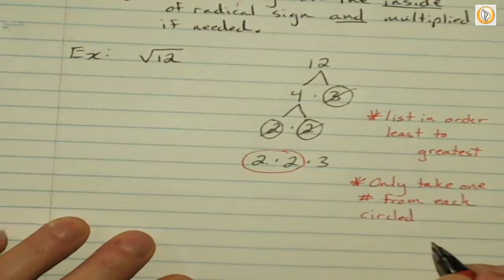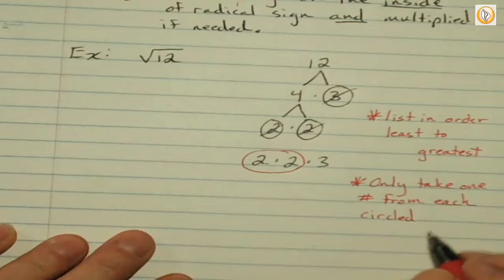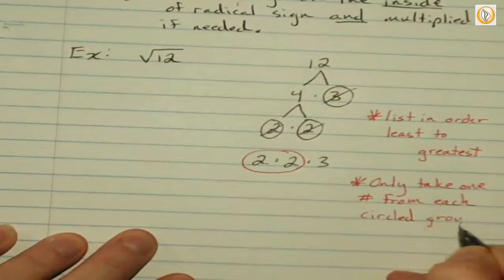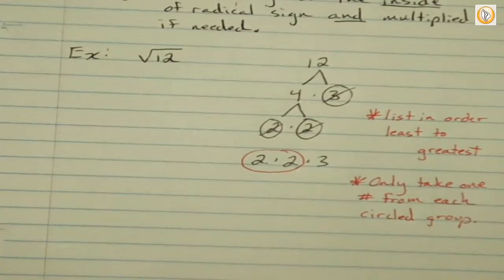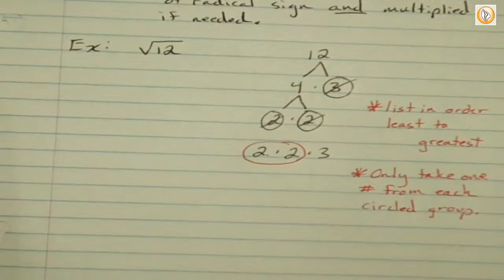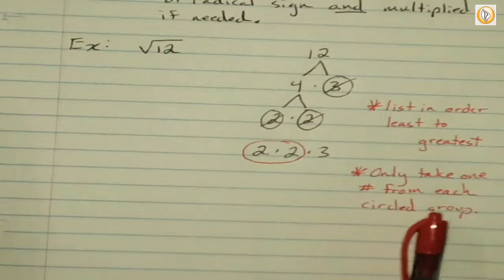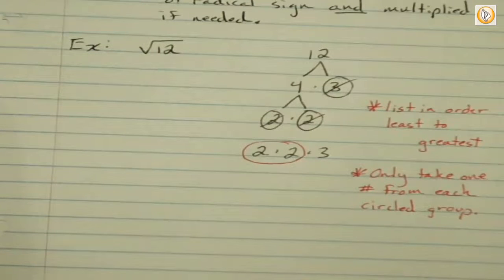I don't see pencils moving, Taylor. And I mean not in the air. On your paper with words. Only take one number from each circled group.